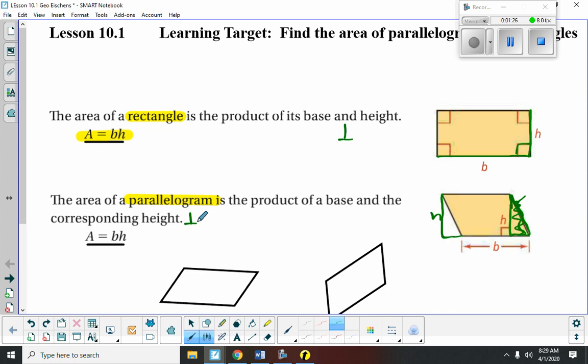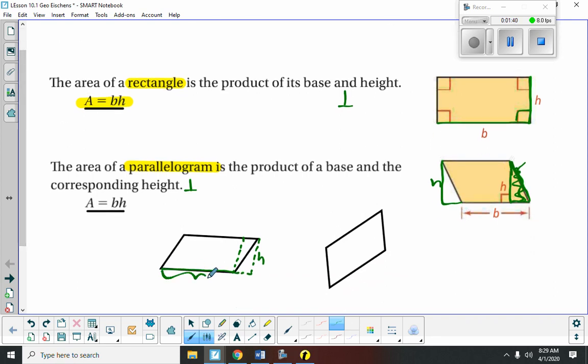So in this example, if this is the base that you're going to use, this would be the height, or it could be over here. You could extend that, and so this would be your height, and this right here is the base. So this is the base, the height is over here.